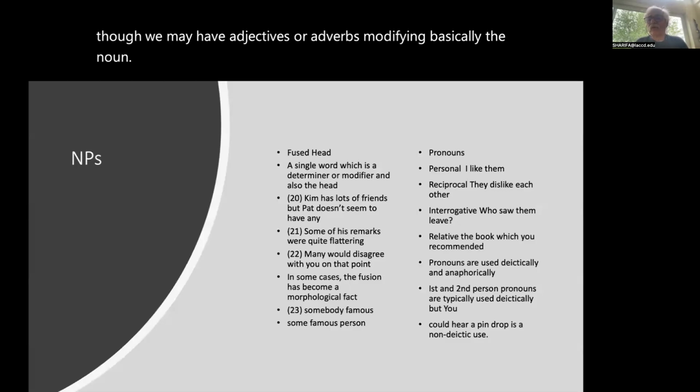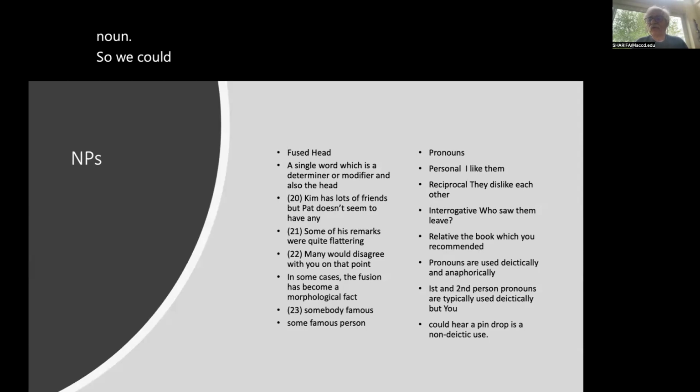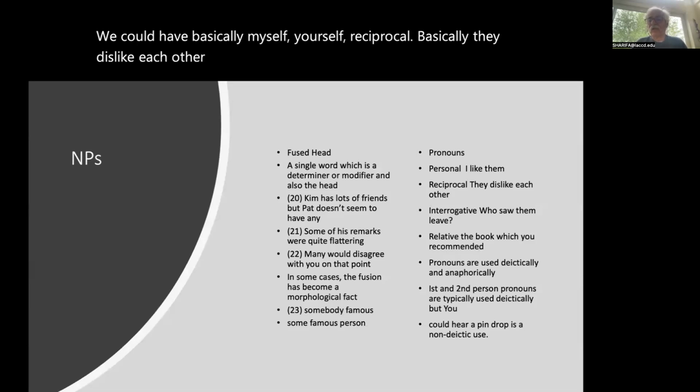So we could also have pronouns, for instance, he, she, they, those are NPs. We could have basically myself, yourself, reciprocals, basically "they dislike each other." Each other would be an NP. Interrogatives: who saw them? Who? I did, you did.